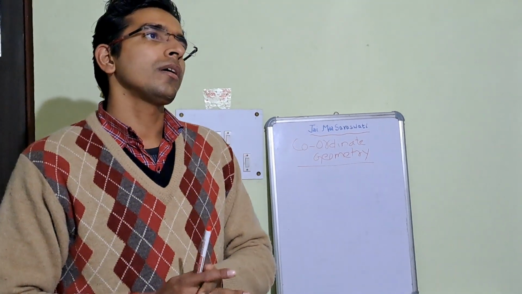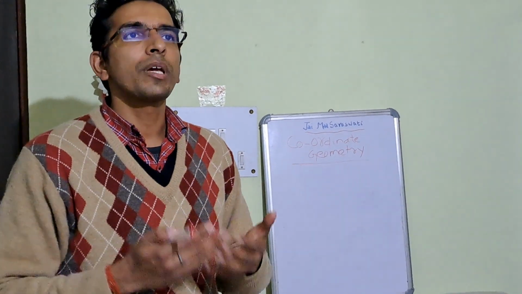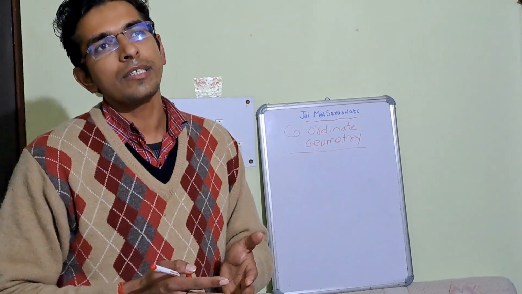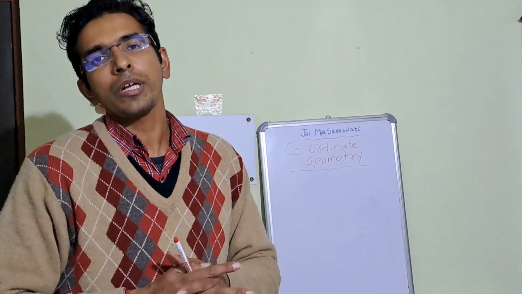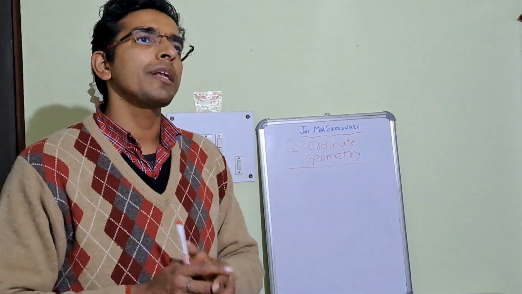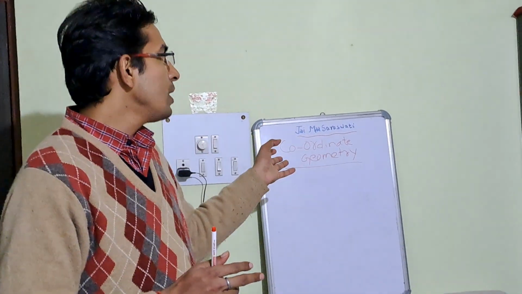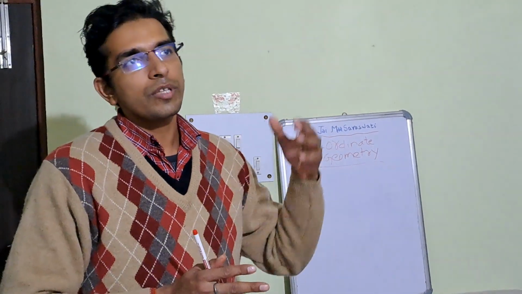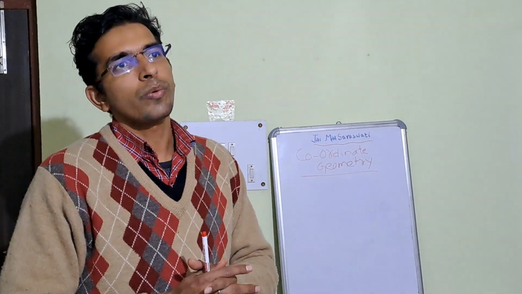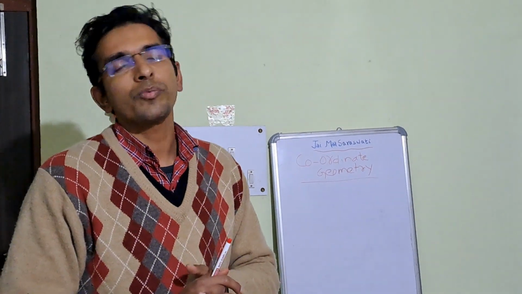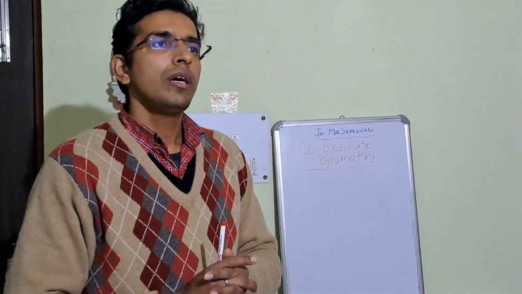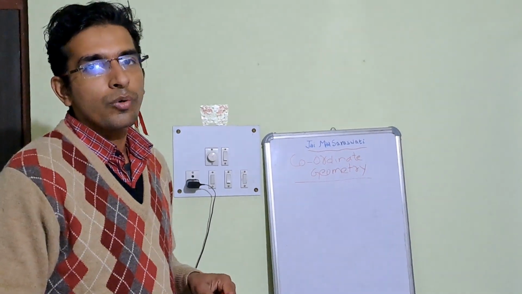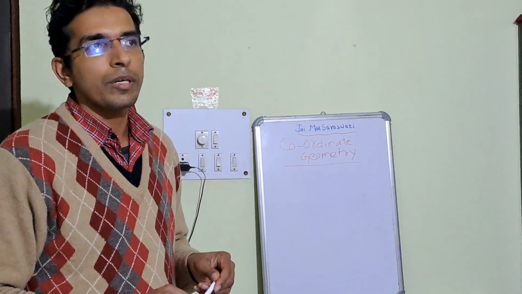The planets moving in the upper space, how they move, what their coordinates and position in space are. To determine all these, we use the fundamentals of this topic to find various parameters of space. So we will start from the beginning of coordinate geometry.